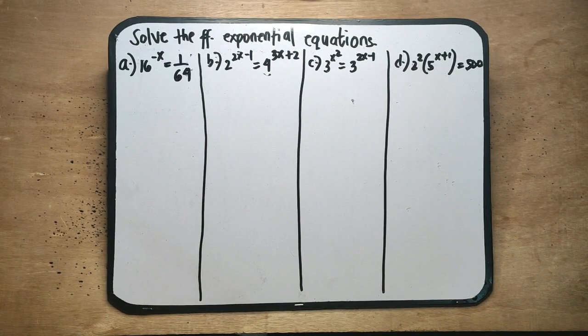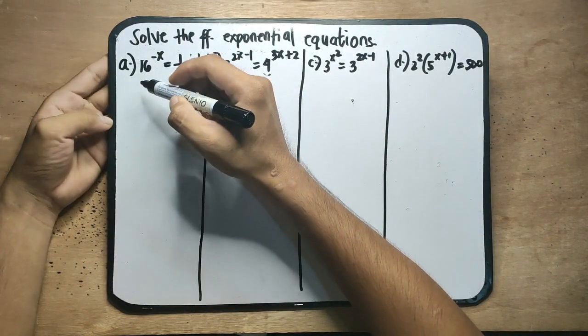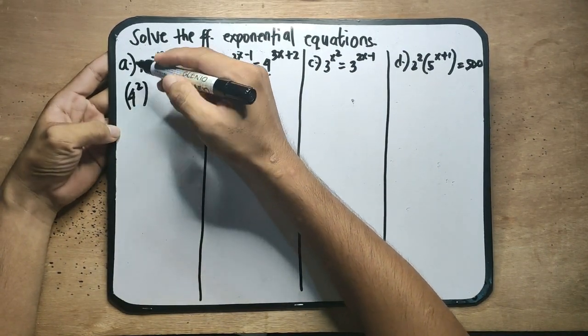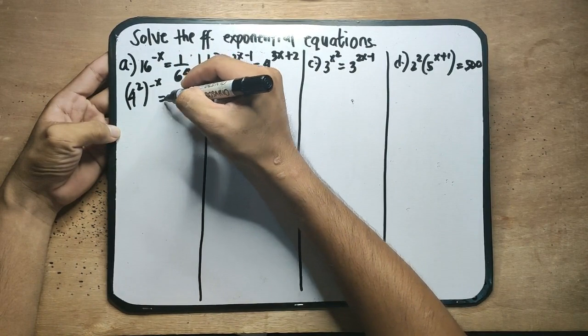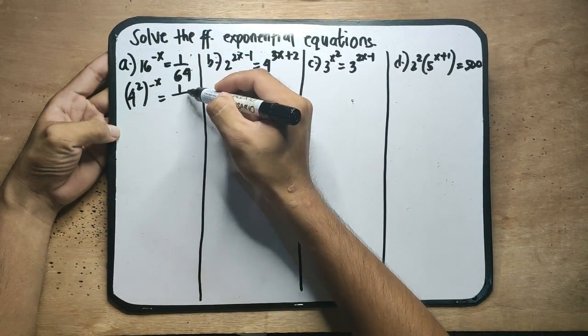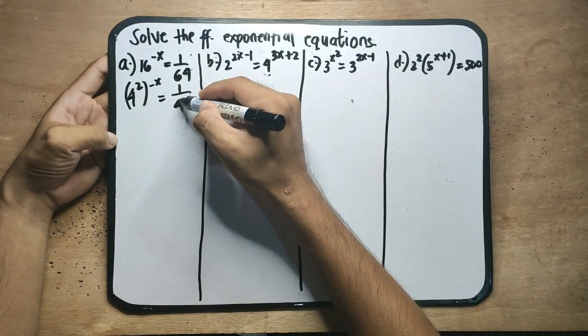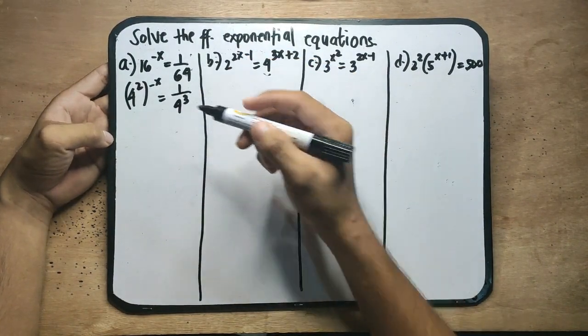So, si 16 multiple siya ni 4 at si 64 multiple din siya ni 4. So, 16 can be written as 4 times 4 or 4 squared. So, we write this one 4 squared. Then raised to negative x is equal to 1 all over 64. 64 can be written as 4 times 4 times 4 or 4 raised to 3.